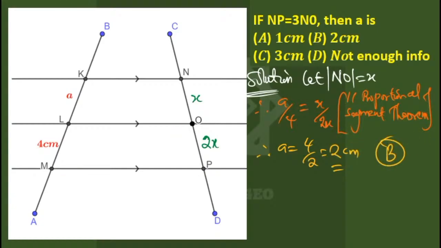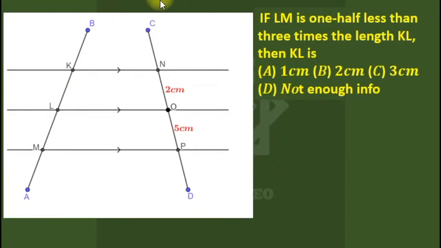Next, they said if LM is 1/2 less than 3 times the length KL, then KL is what? We have to find KL.